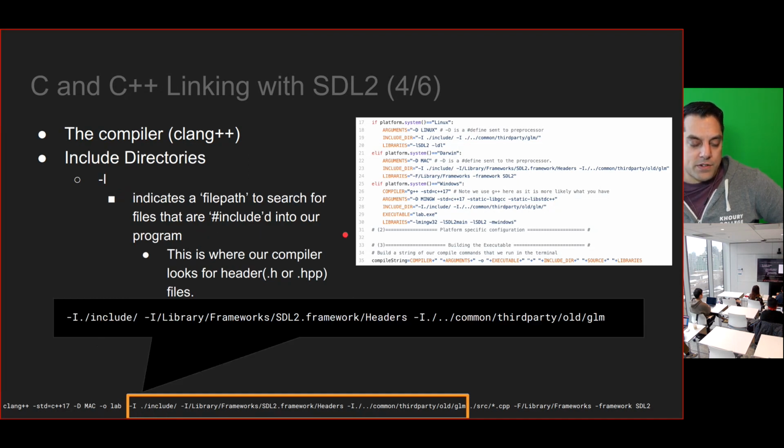And then the include directories. This is where we've been including SDL2. Again, this is showing on Mac here, where I am underlining where SDL2 lives. You might have additional math libraries. This is just an example showing some math libraries, and you might have additional include libraries.